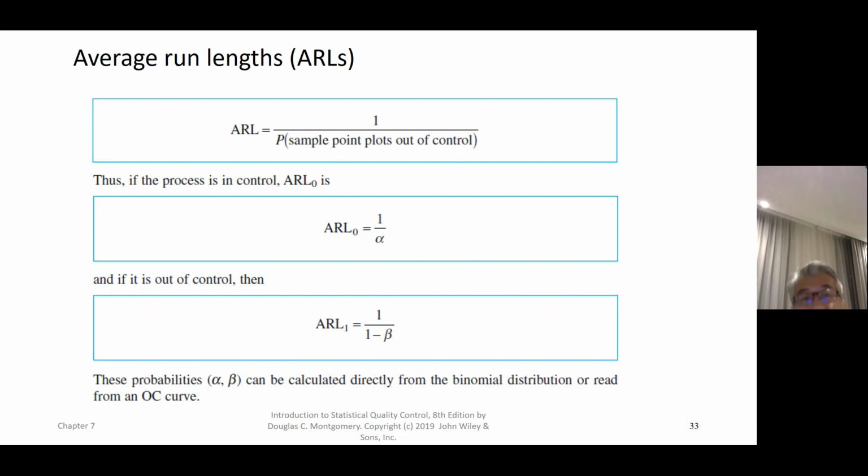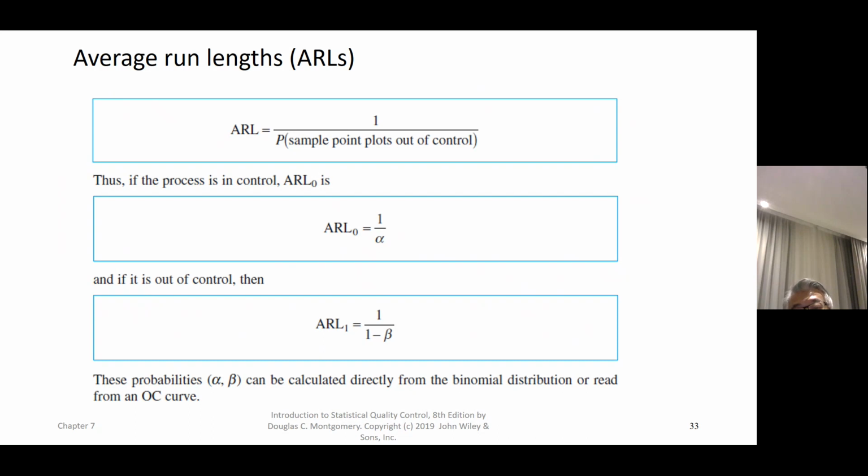The average run length, ARL, is the reciprocal of the probability that a sample point plots out of control. If the process is in control, ARL0 is 1 over alpha, where alpha is the false positive rate, which can be considered the false alarm rate. If it is out of control, ARL1 is 1 over (1 minus beta).